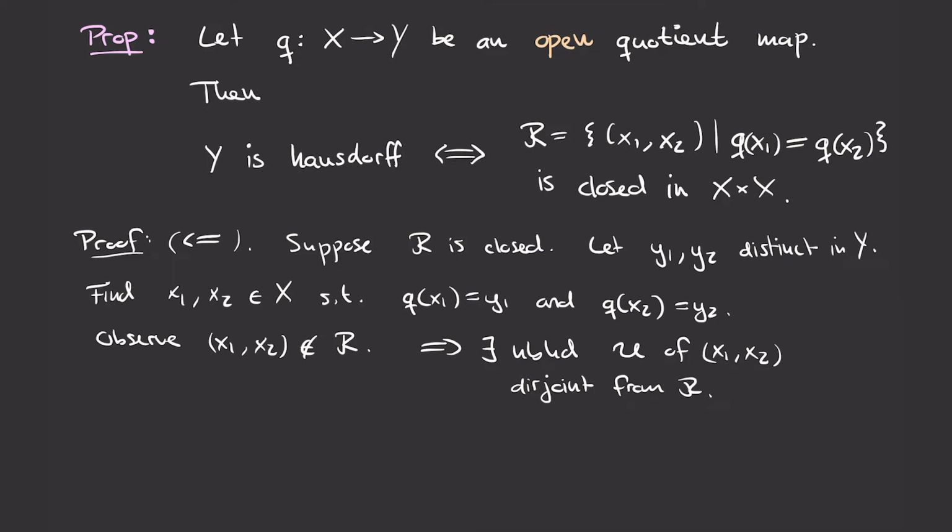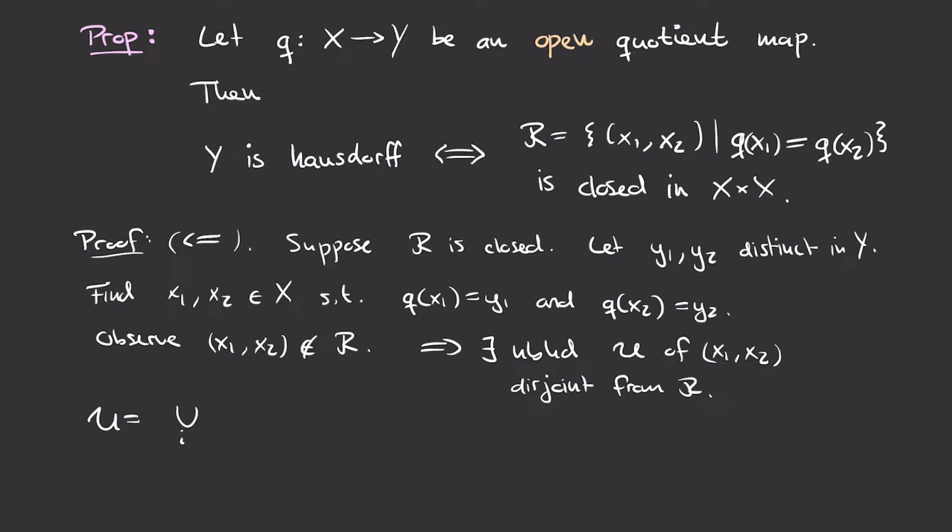Now we have to remember what open sets are in product spaces. Recall that the product topology is generated by all individual products of open sets of the original spaces. In particular, this means that U is actually of the following form.